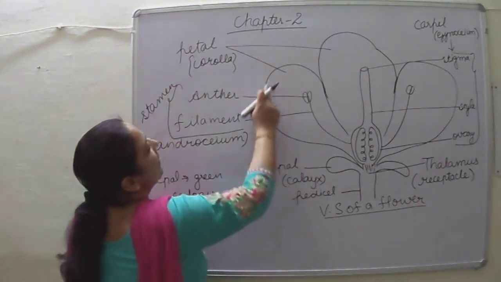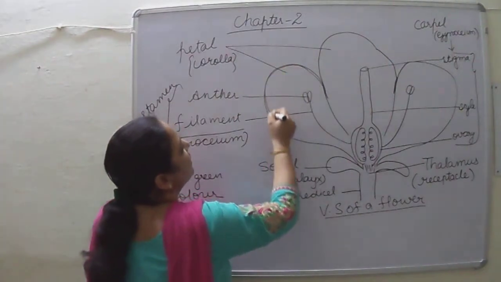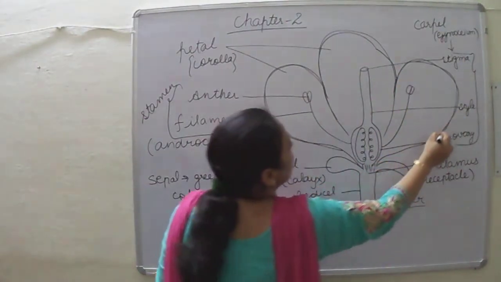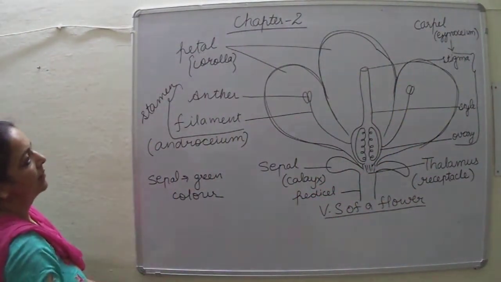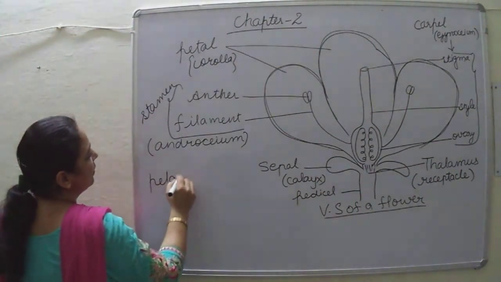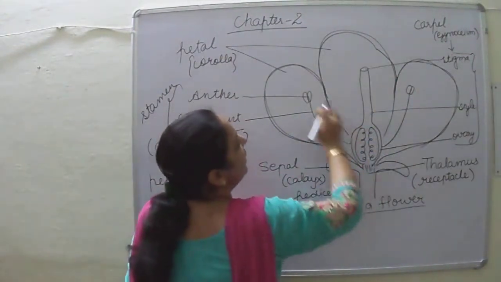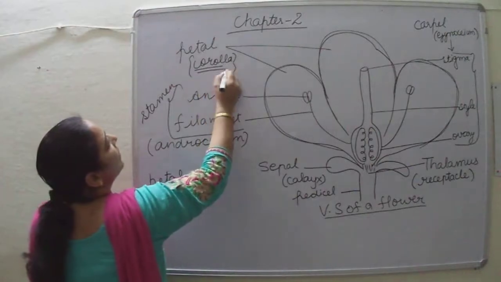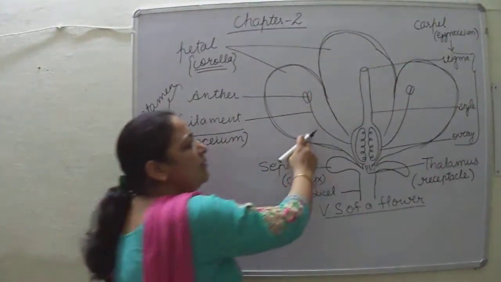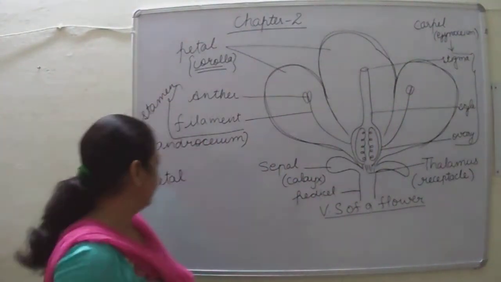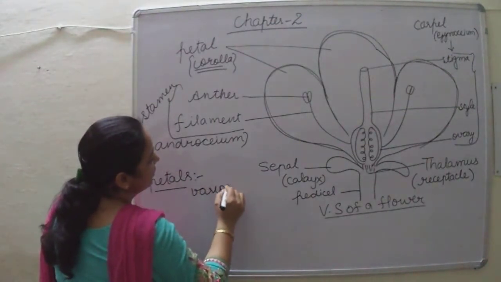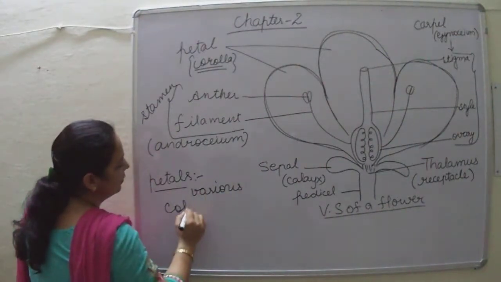Next are the petals. These are the petals, 1, 2, and 3. A single one is a petal, and the complete whorl is known as the corolla. These petals are always of various colors: red, orange, pink, blue.